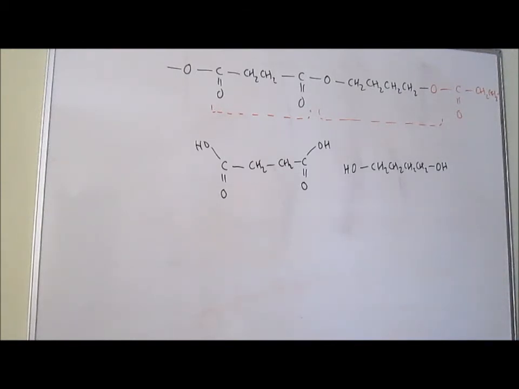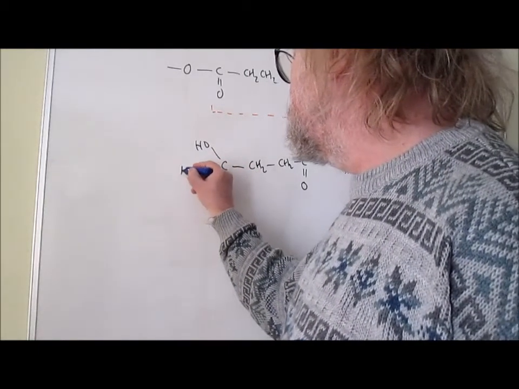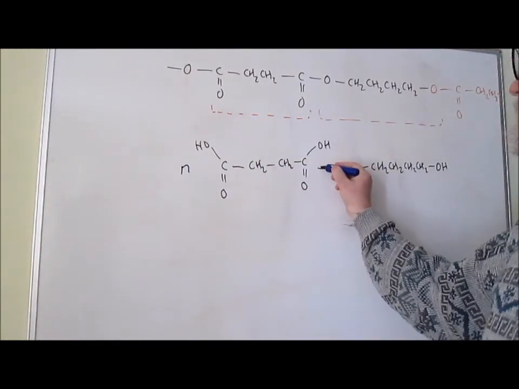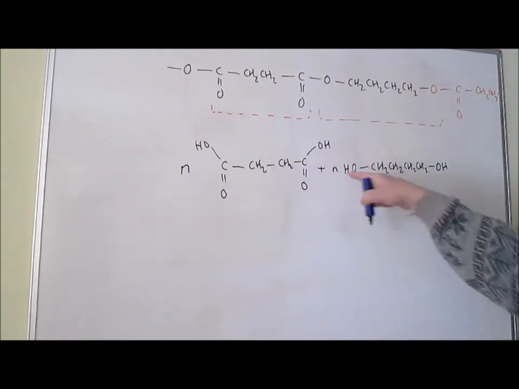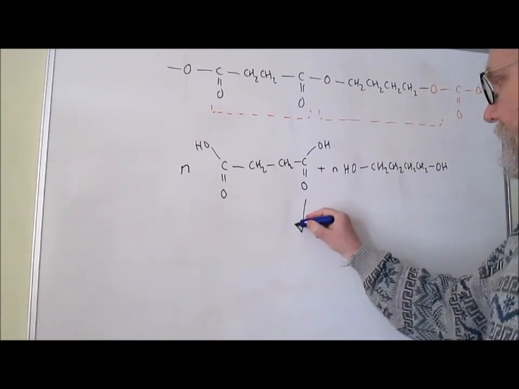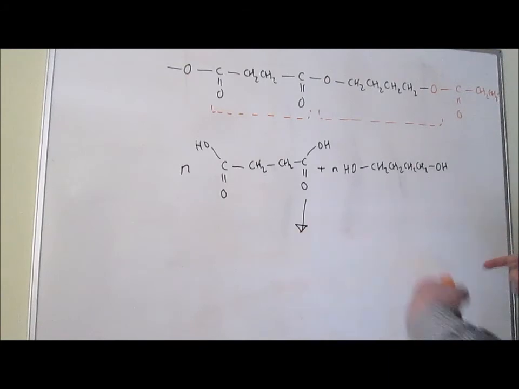So the balanced equation, we're going to need n of these, where n is a big number, so n of the dicarboxylic acids plus also n of those, so n of the diol, and then that's going to give you a really big repeat unit because it's got to cover all of that.